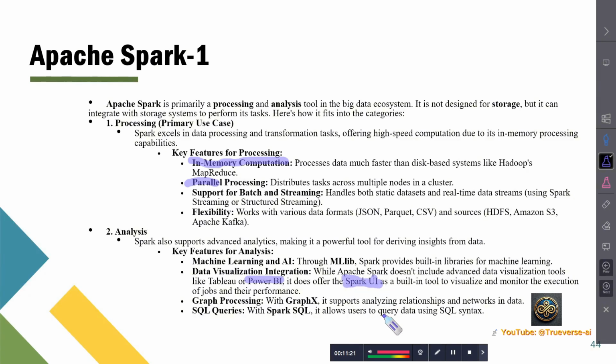So in the hands-on practice, we may do some implementation with the Spark UI. And Spark SQL, we will talk about the abstraction later. That is Spark's capability to work through data abstraction. What is data abstraction? We will talk about it later.